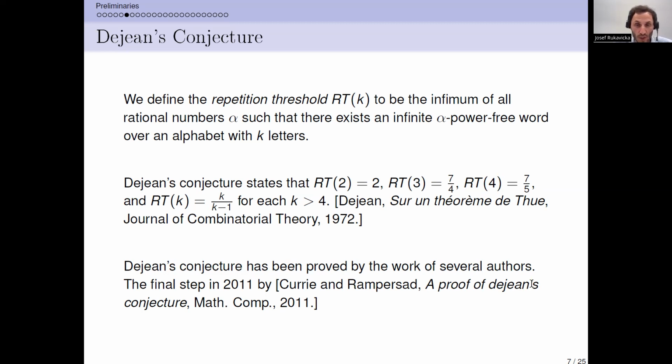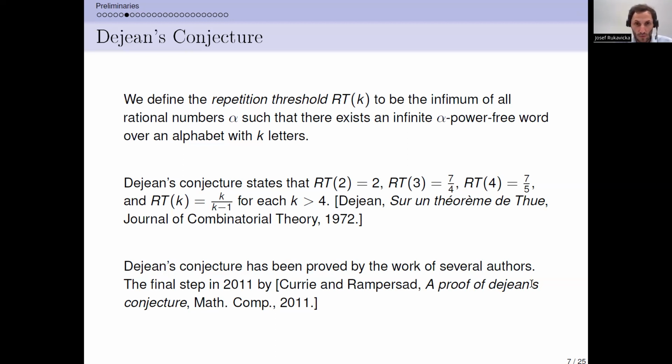The final piece of the puzzle was published in 2011 in this paper of Currie and Rampersad. So the conjecture is proved, and actually now we can say theorem, it's no more a conjecture. I use this theorem, this result, in my papers.